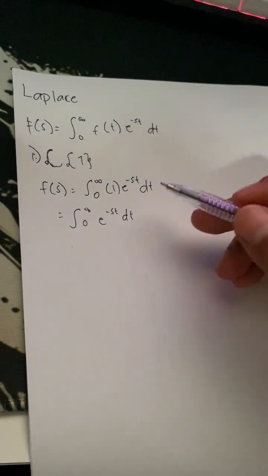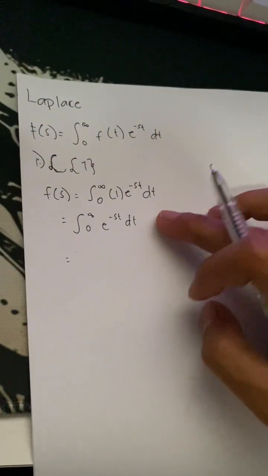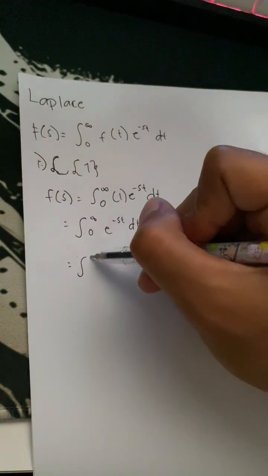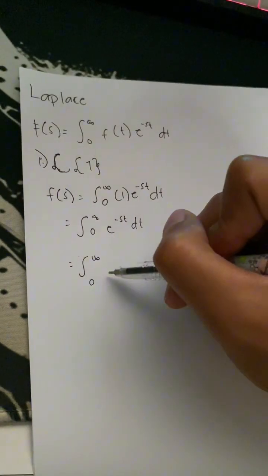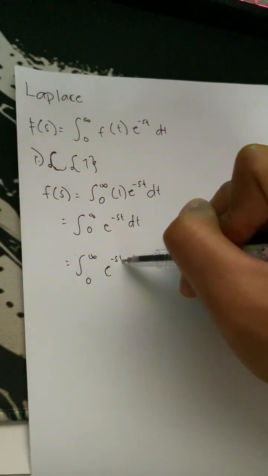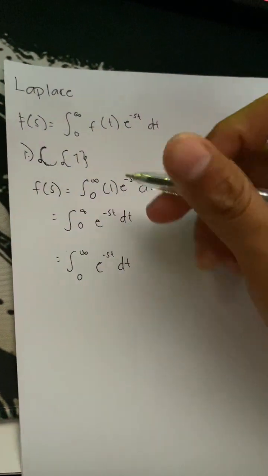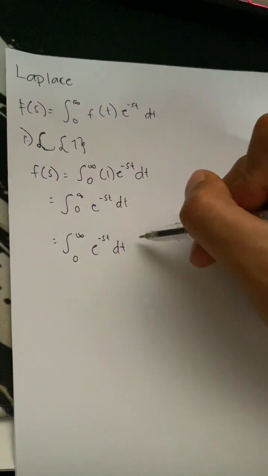Remember that we are integrating in terms of t, so any other variable other than t is considered a constant inside the integral.